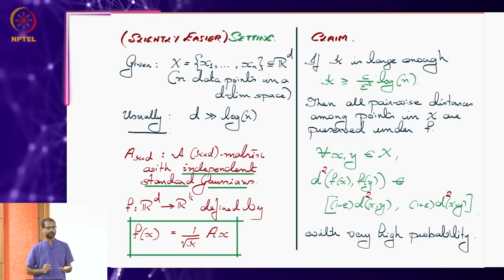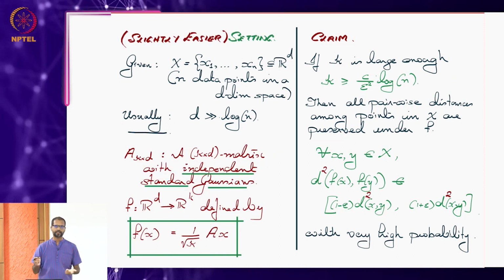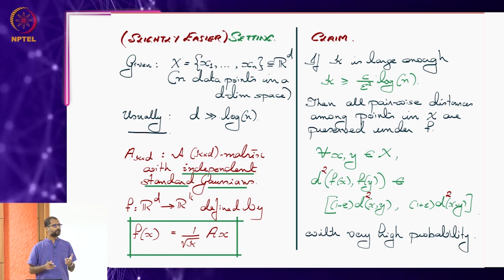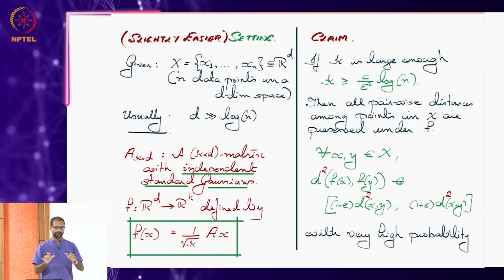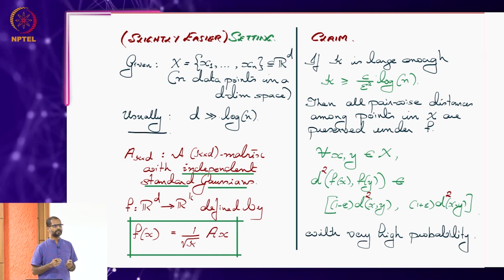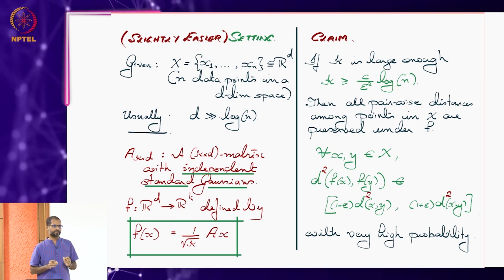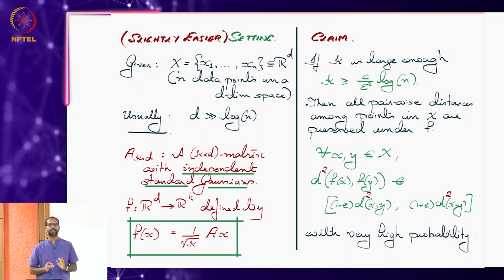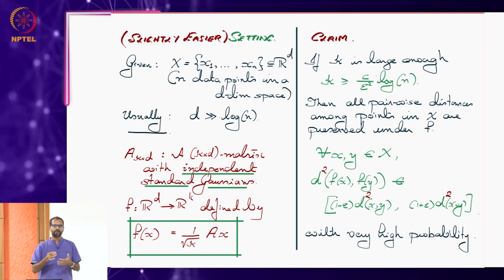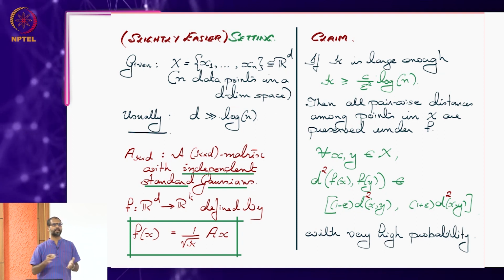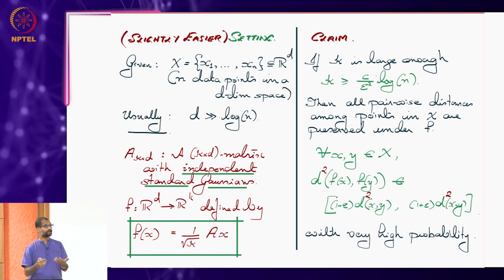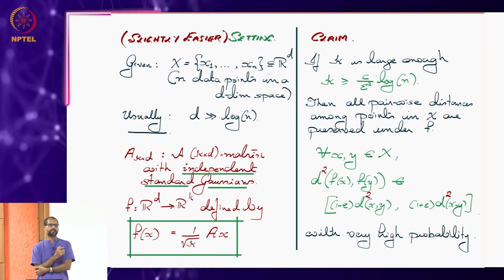The setting remains the same, you have n data points in a d-dimensional space, it makes sense only if d is really large, and instead of taking this k-dimensional random subspace and projecting data onto that, you do something which is nearly the same operation. It is almost like taking a projection onto a random subspace, but not exactly. How much they differ and so on, we will discuss at the end of this lecture. But this is the modern, newer, easier to analyze and easier to implement setting of this random projection.